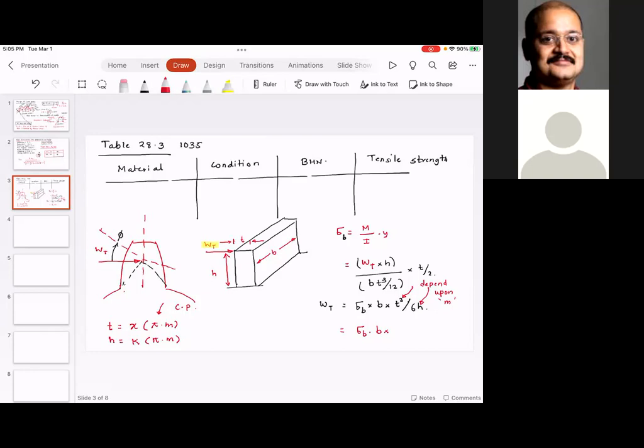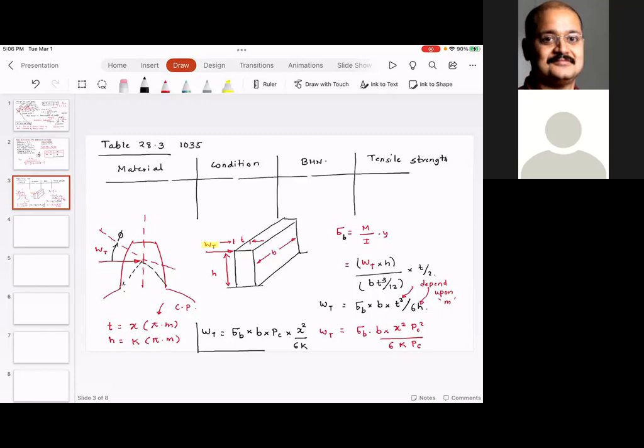So this equation, all said and done, takes the form of x square PC square divided by 6 K PC. And then finally, this equation WT is going to become sigma B multiplied by B multiplied by PC multiplied by x square divided by 6K.